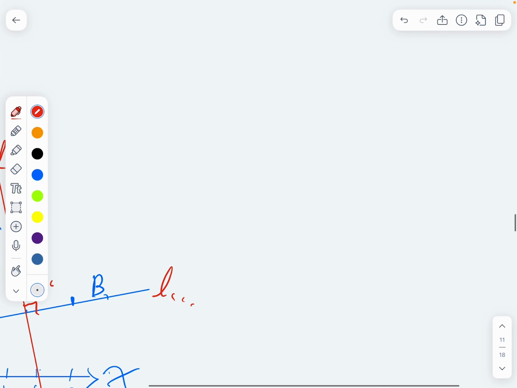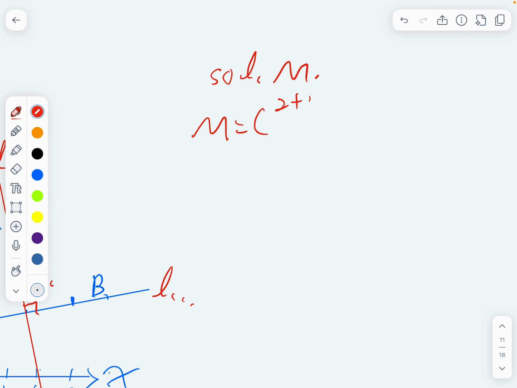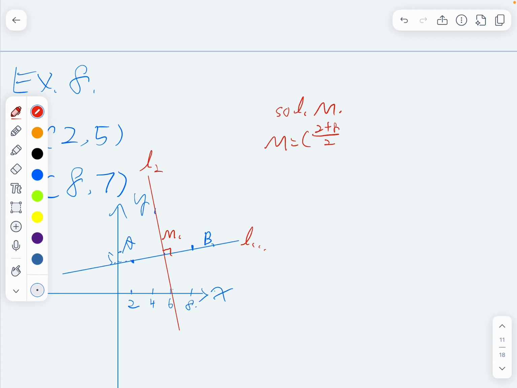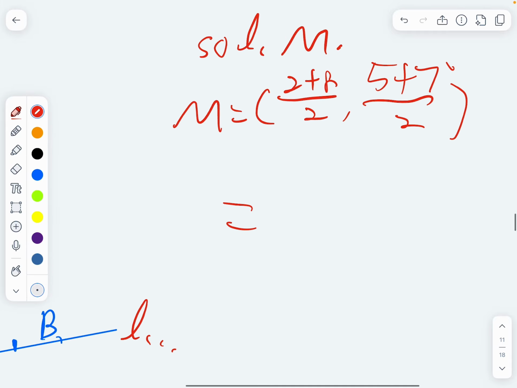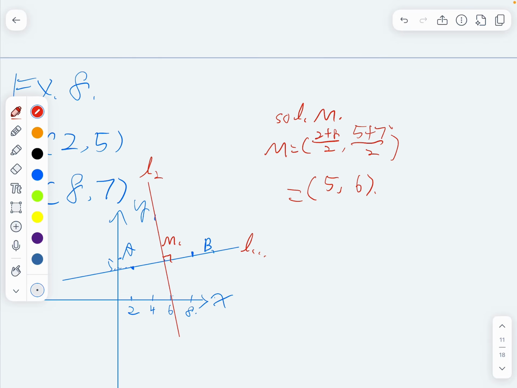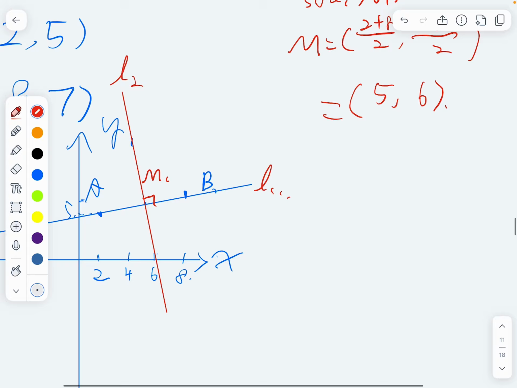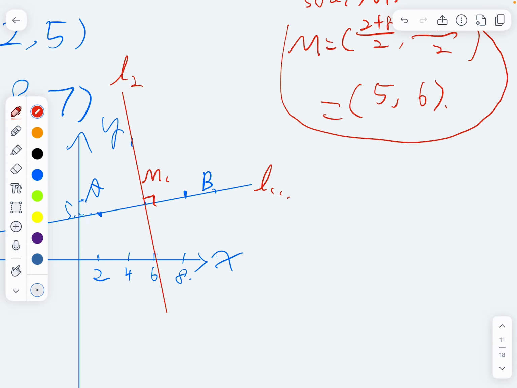First, we need to solve for M. M is (2 plus 8) over 2 and (5 plus 7) over 2. So 10 over 2 is 5, and 12 over 2 is 6.